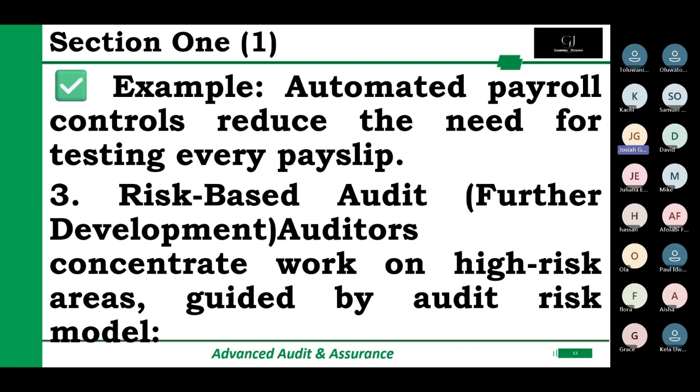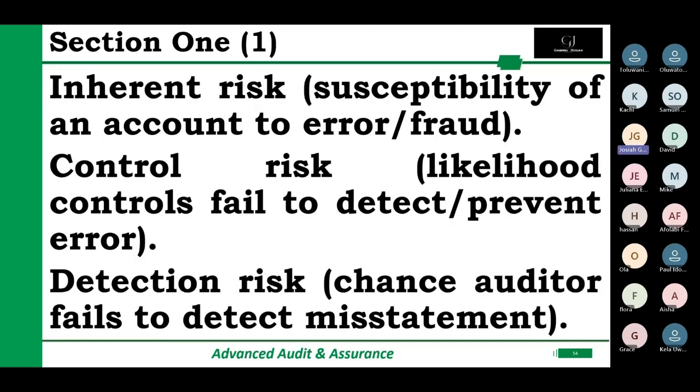And the third one, which is very important, is the risk-based audit approach. It's a further development where auditors concentrate work on high-risk areas and is guided by the audit risk model. Like I said, inherent risk is the susceptibility of an account to error or fraud. Inherent risks are always there. We also have the control risk, the likelihood controls fail to detect or prevent error.